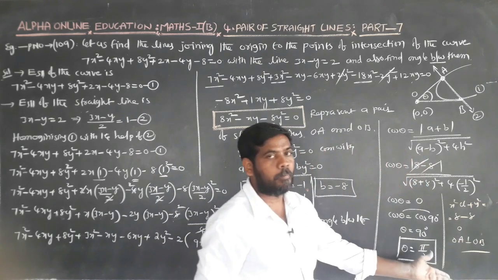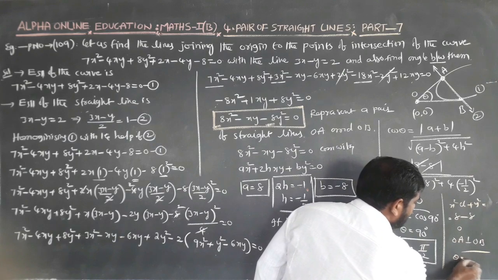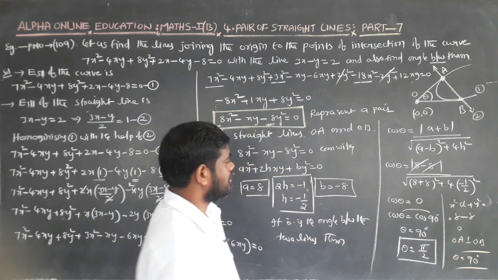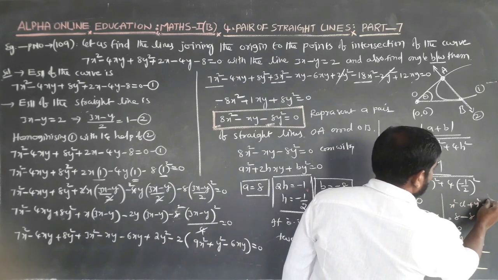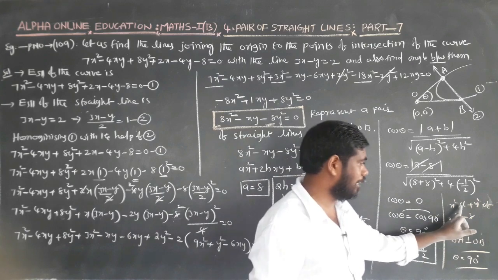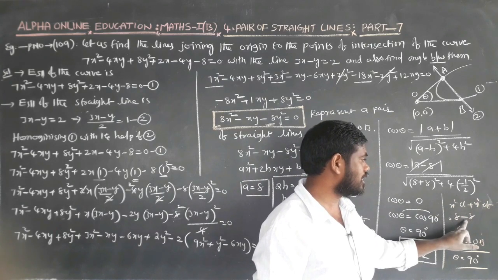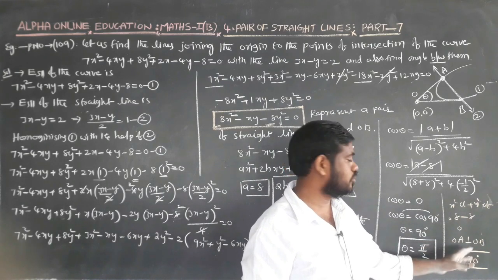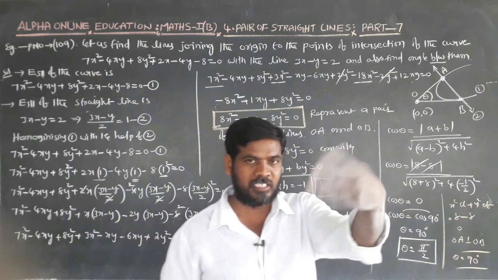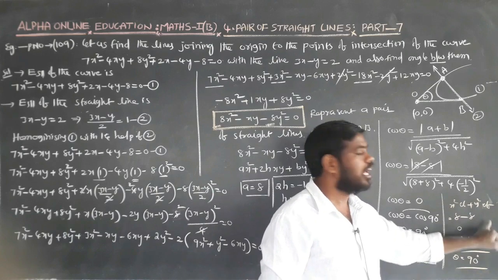Two lines perpendicular means the angle between them is 90 degrees. The x² coefficient plus the y² coefficient equal to 0 means the two lines are perpendicular. This is another method.